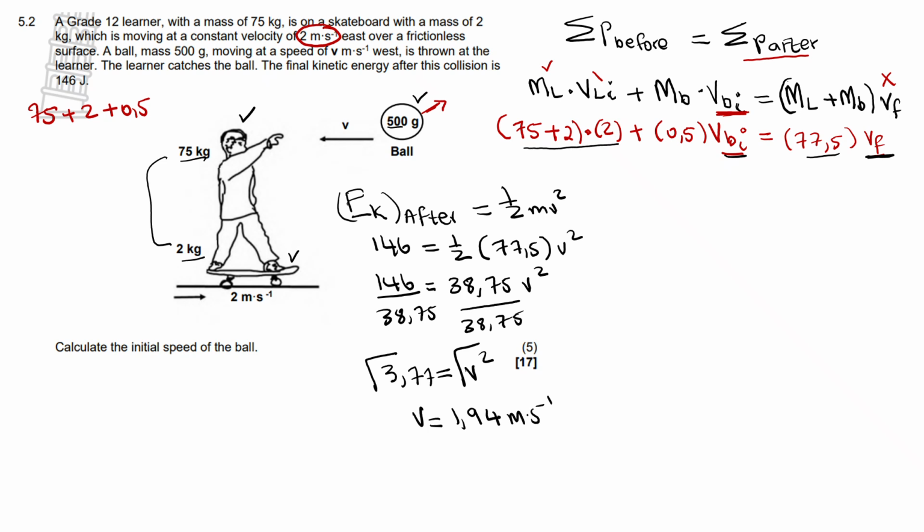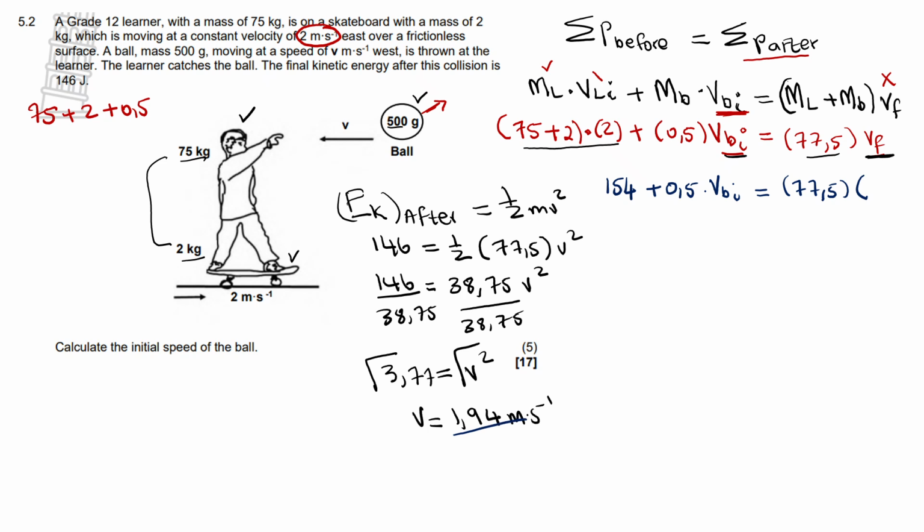So what is 75 plus 2 times 2? So this is 154. Then we still have plus 0.5 multiplied by v of the ball initial. And this is equals to the 77.5, which is multiplied by that v of 1.94.